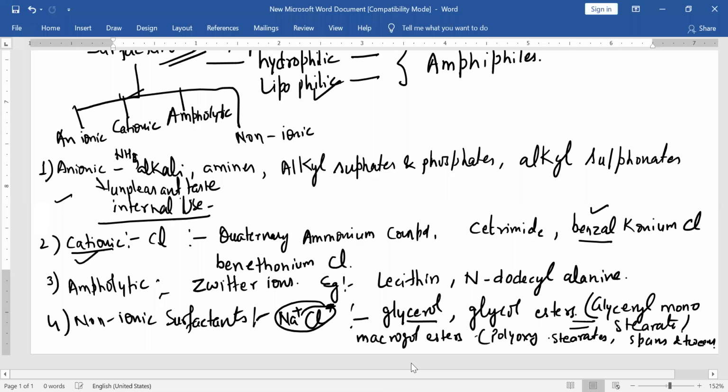These are the examples of non-ionic surfactants, and these non-ionic surfactants are majorly used in pharmaceutical industries.